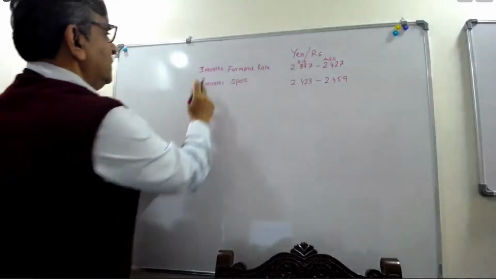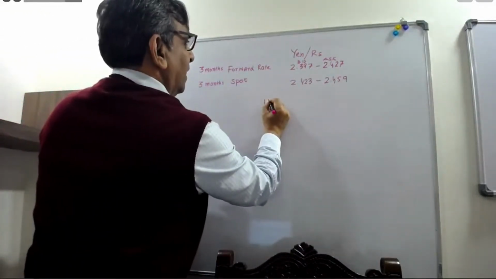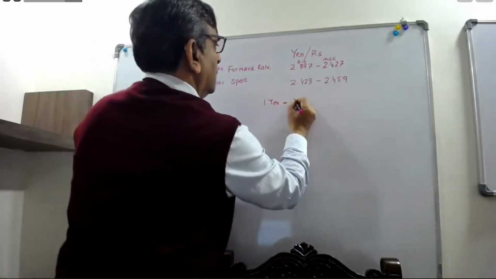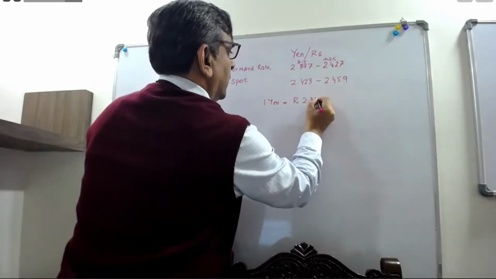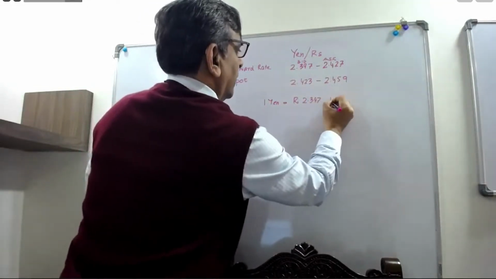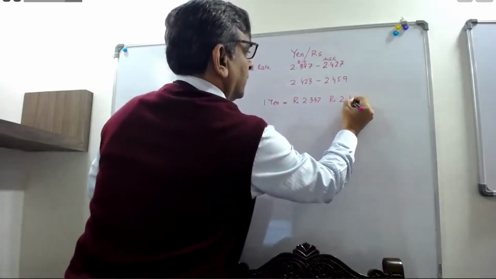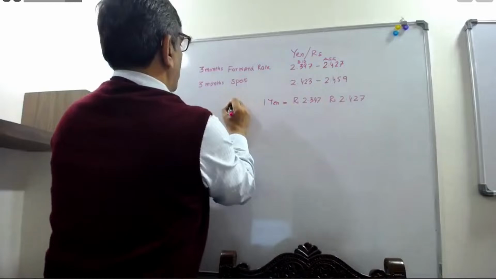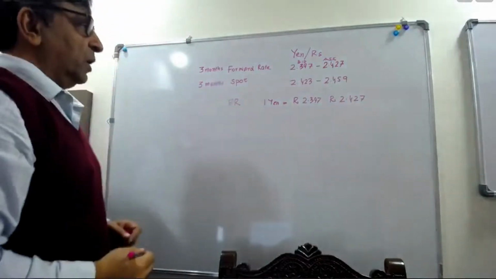If you write it properly, 1 yen is equal to rupees 2.397 and rupees 2.427. So this is your forward rate.